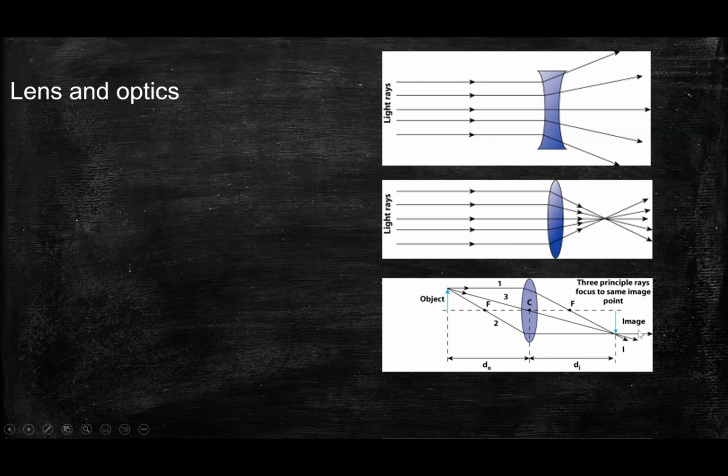The image is upside down. We call that upside down inverted. So we see the image is inverted. And because this image is formed from the rays actually meeting, we call that a real image. When we talk about rays forming an image, but it's from where the rays appear to meet, we call that a virtual image.